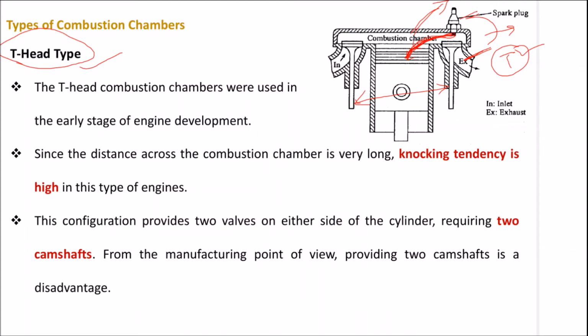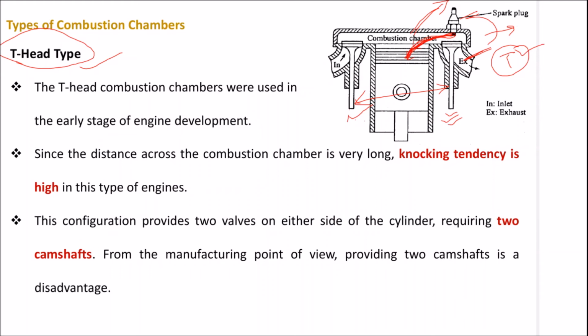The second one is, as the inlet and the exhaust valve are located diagonally opposite, you require two camshafts to operate the inlet as well as the exhaust valve.